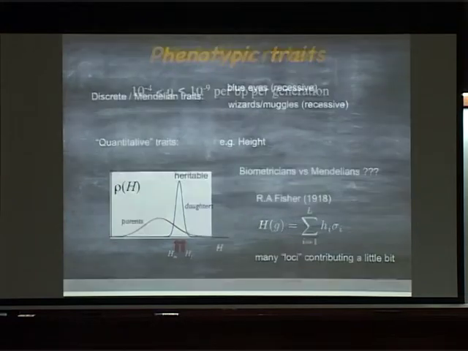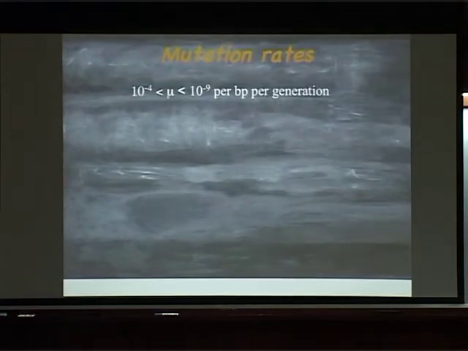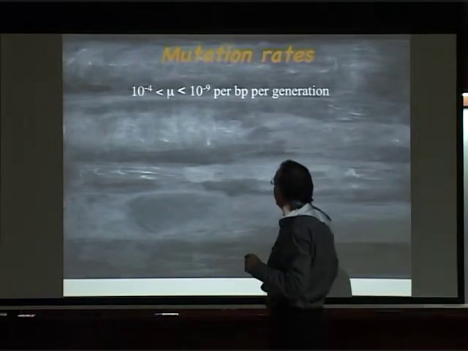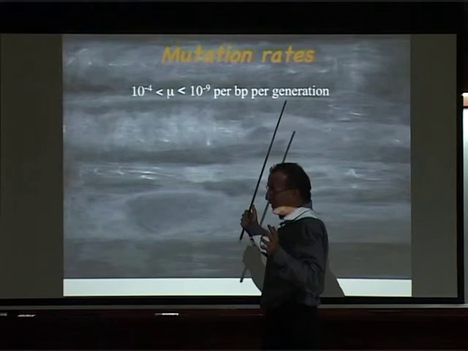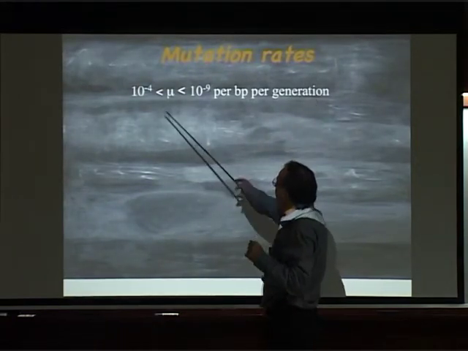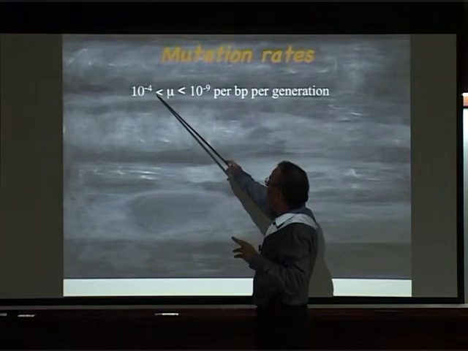Okay, so we talked about phenotypes. Let's come back to mutation and just go over the numbers a little bit. So I gave an example of HIV. I said it was a few times 10 to the minus 5.